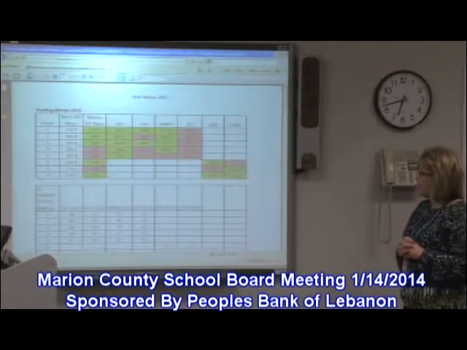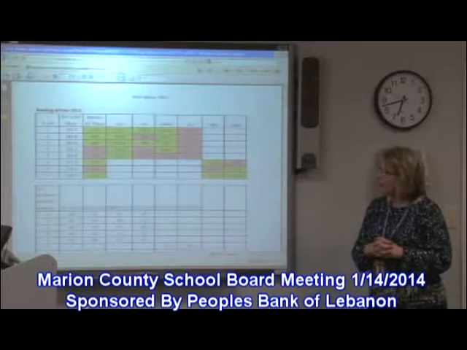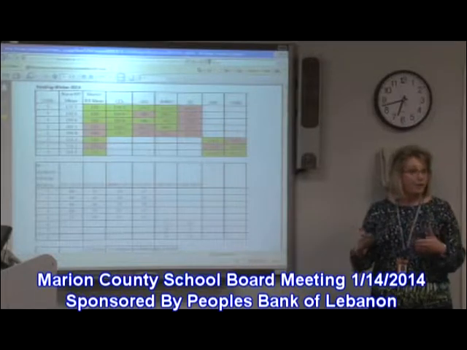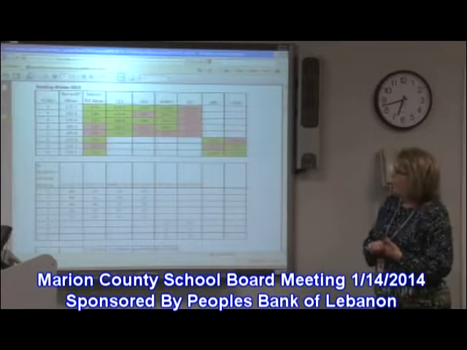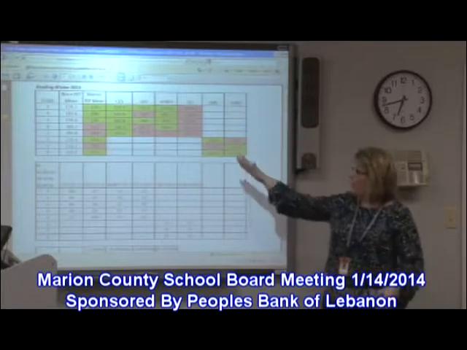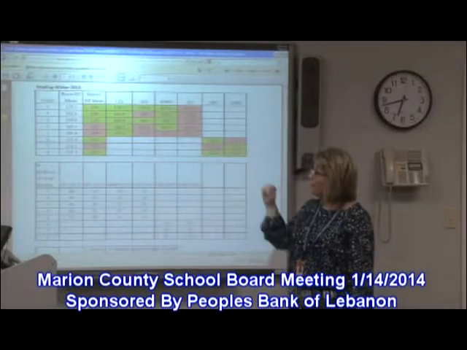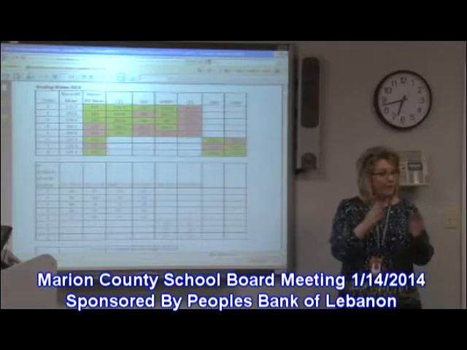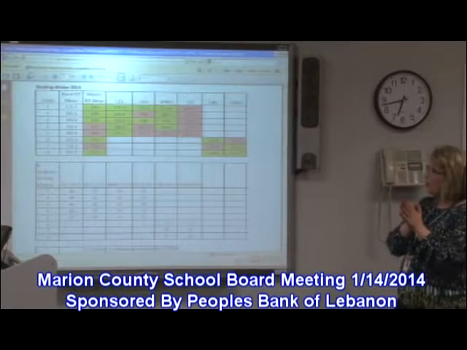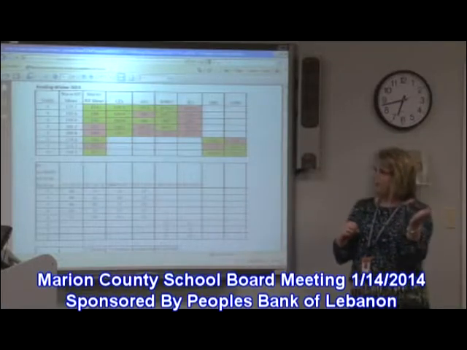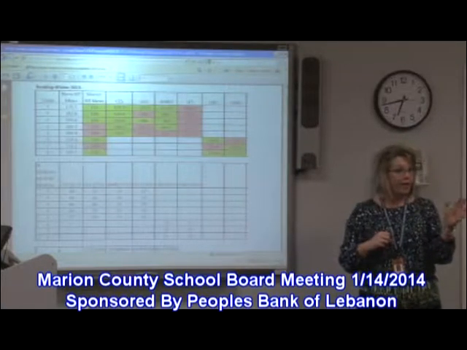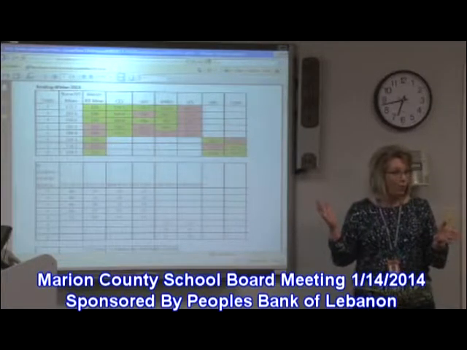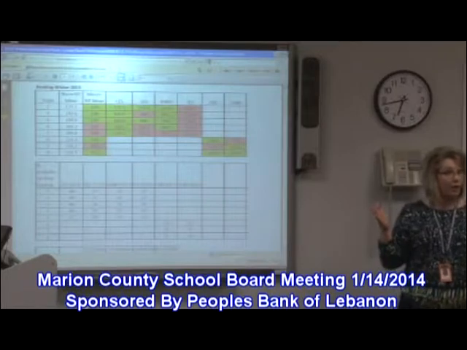Then you can start to study it a little bit more, and you can actually look at the numbers to see how much above, how much below, okay? As you get to probably 5th up, one point is significant, because in kindergarten, between the beginning of the assessment in August, September, when you take it to the winter, I think it's about 10.5 points is what you would expect a kindergarten to grow.